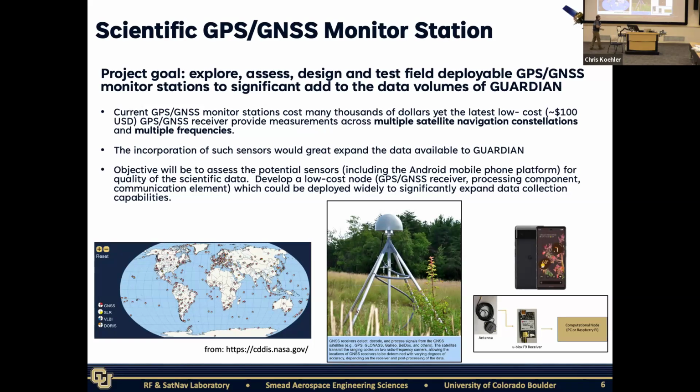And we can also buy very inexpensive receivers for about $200, connect to a Raspberry Pi and antenna. So instead of a $30,000 station, I can almost make a shoebox size station, which would be disposable. And I get a much denser measurement of the ionosphere, significantly benefiting what JPL is trying to do with this Guardian network. So those are my 2 project ideas.